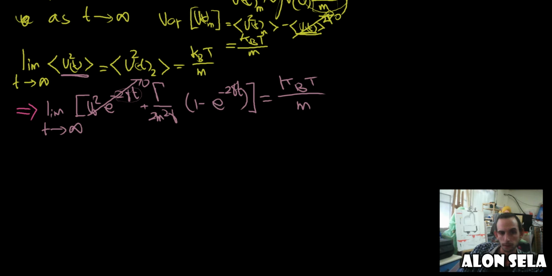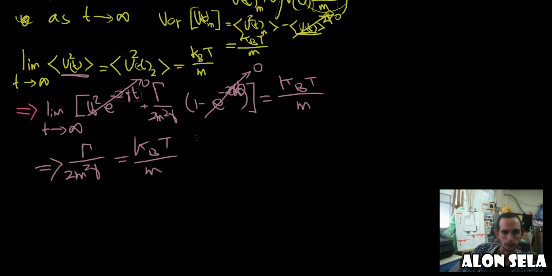Also this term right here, e to the minus infinity is 0, so it will go to 0. And we will be left with gamma over 2m squared gamma equal to k Boltzmann T over m.